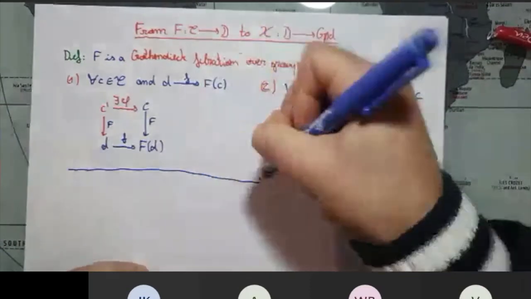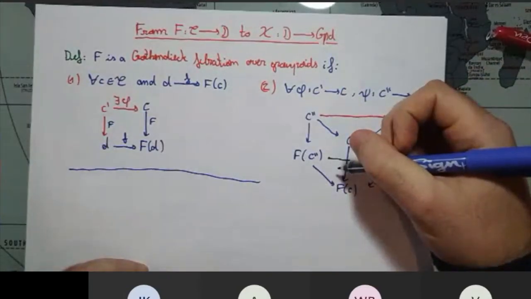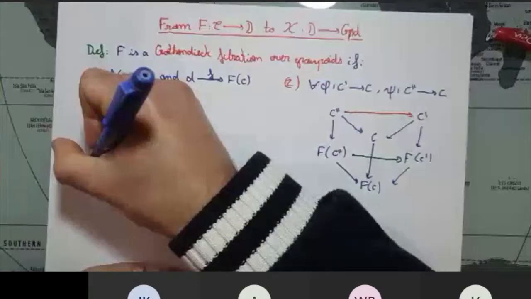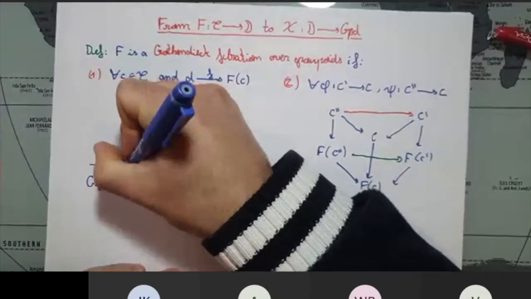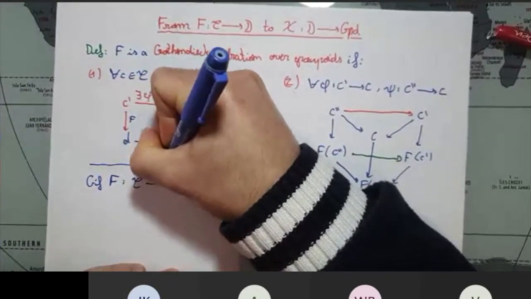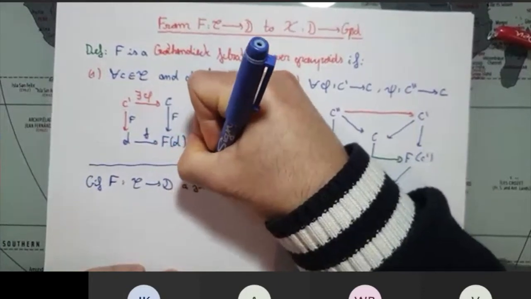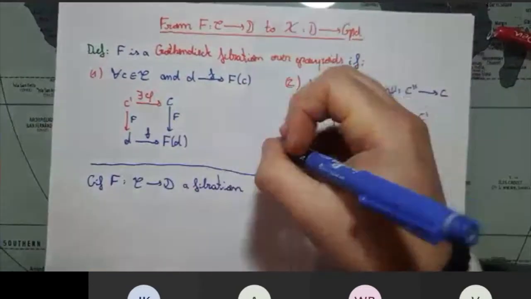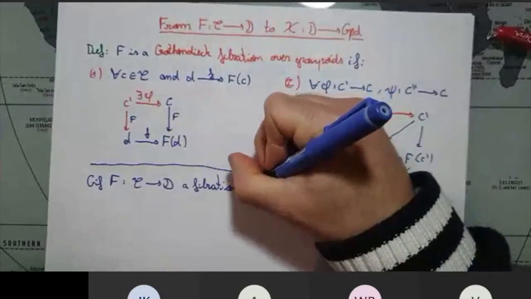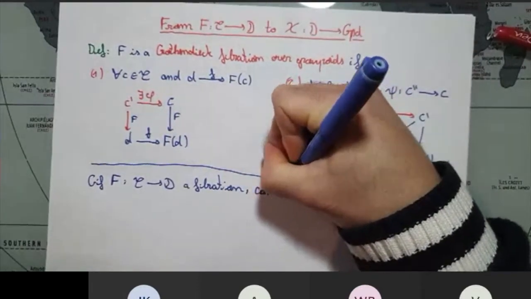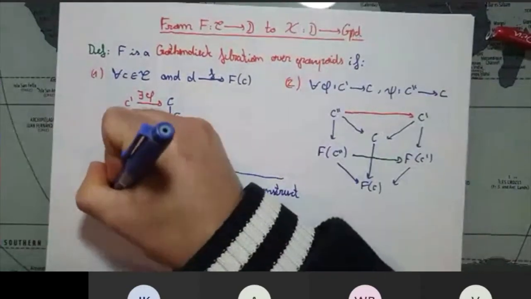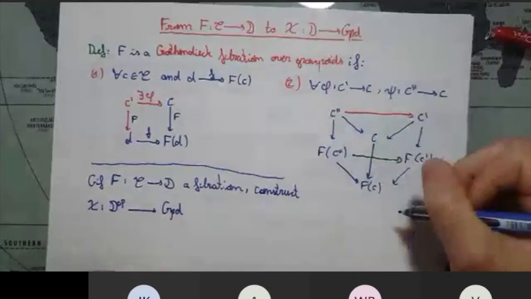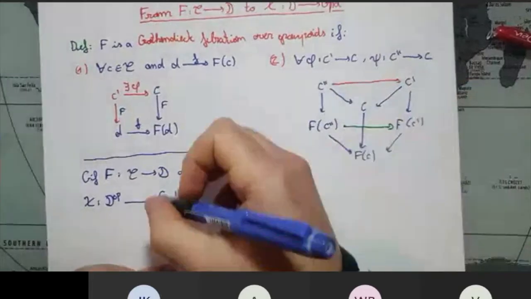So with this, we can define a functor. So given F a fibration, we can construct a functor from D op to groupoids as follows.